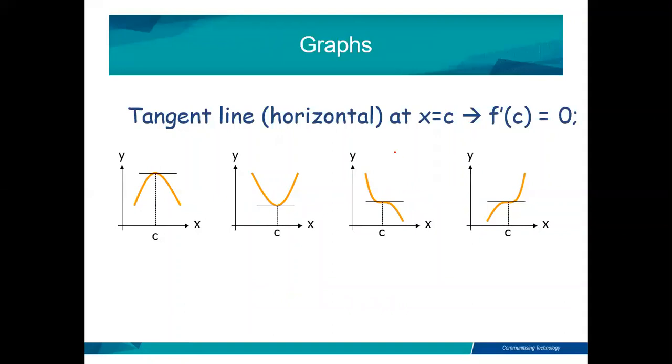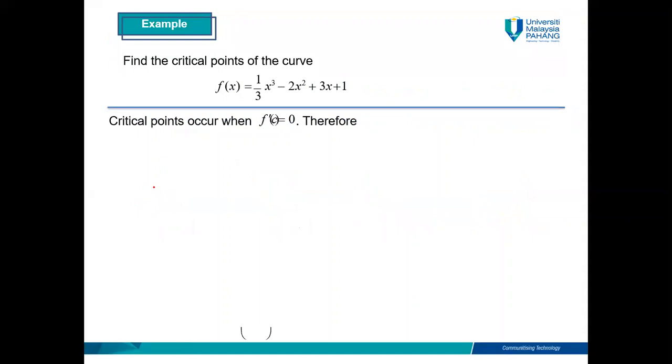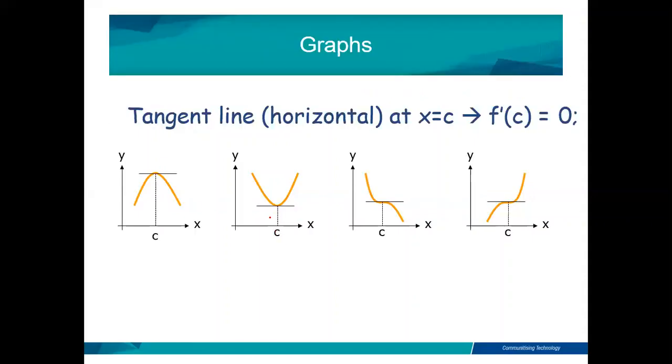So let's see types of graph. A tangent line, which is a horizontal line, at x is equal to c, which is f prime c is equal to 0. So this one is a tangent line for this function, and for this one, this is a tangent line. What does tangent line mean? A tangent line is a line that is perpendicular at any point on the function.